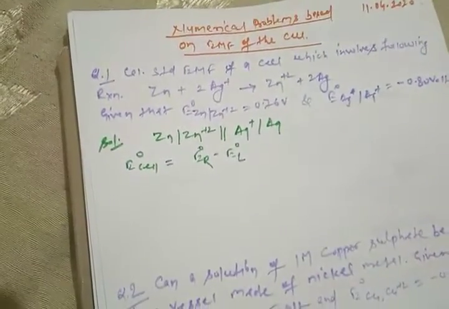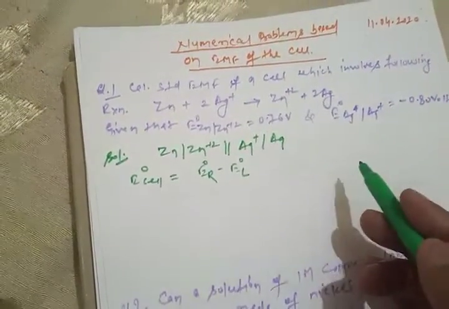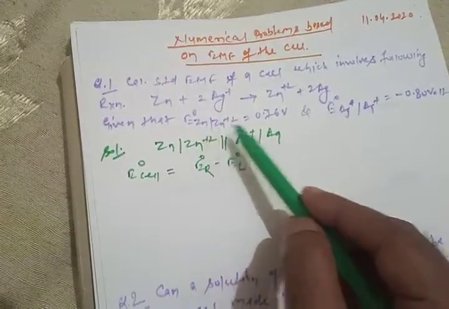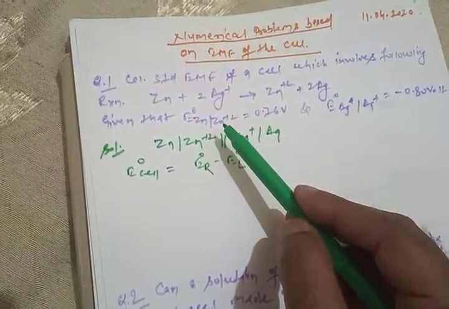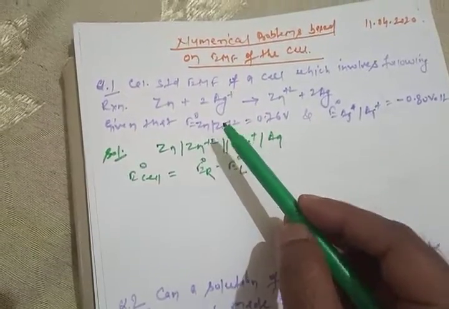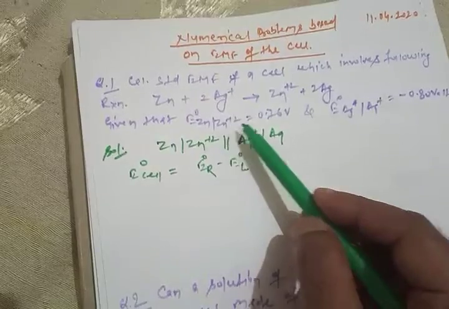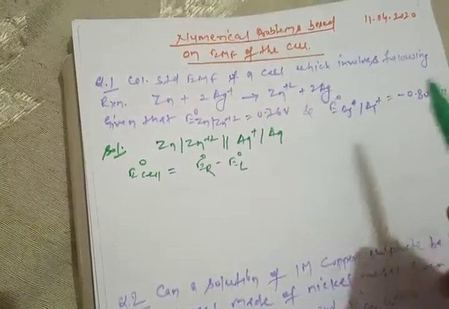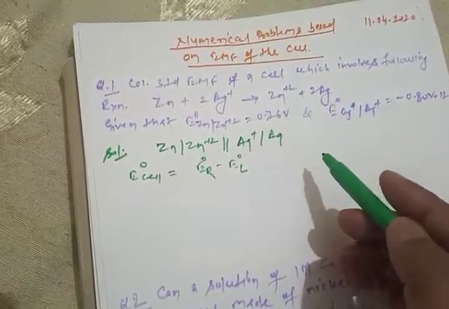Okay, now let's see the values which you have given, the values of oxidation potential. That means the value of zinc to Zn plus 2 is 0.76 and this is minus, and we need the reduction potential value.